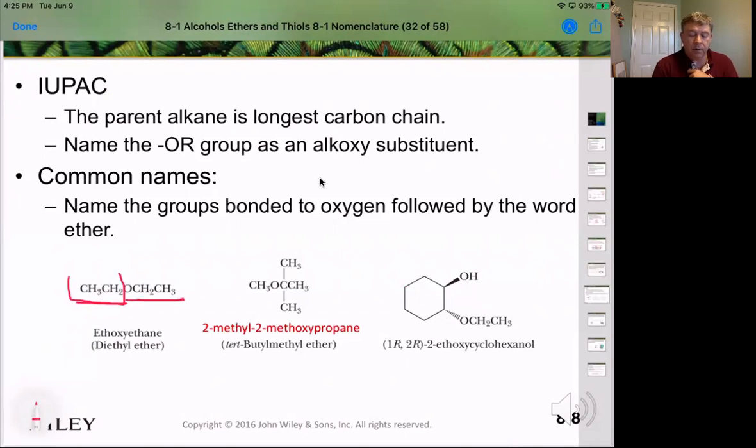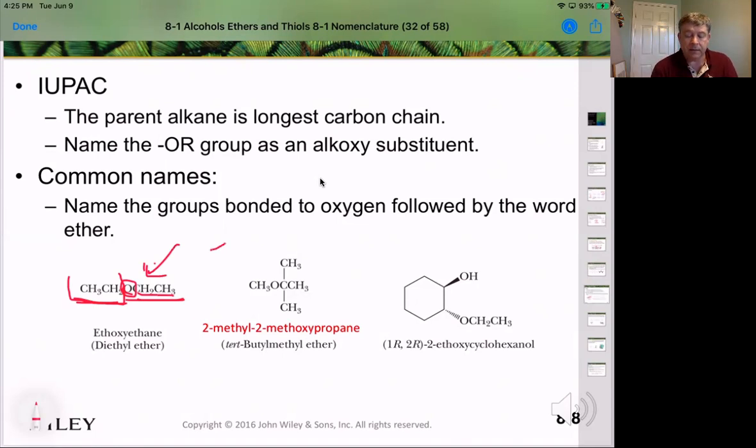And so we would call this substituent the ethyloxy, for having that oxygen be an ether, ethane. So we have our longest chain, and they happen to be symmetrical, so it's okay here. But in the case of common names, because we have 2 ethyl groups, we can call it diethyl ether.